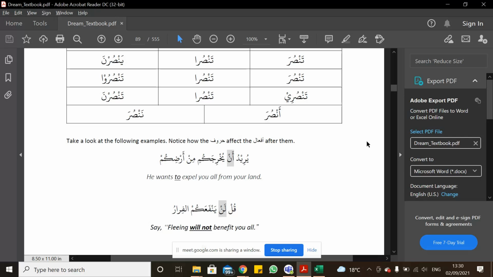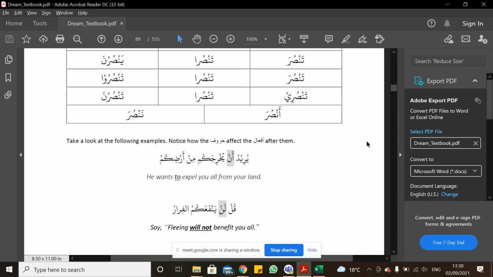Now look at the harf. What kind of a harf is it? An is a harfu nasibah, or light harf. So when we have a light harf, what are we expecting for a fail to be? If dhamma, then it becomes fatha. And noon, we should drop the noon, and ladies don't change. They remain the same. So we have a verb yukhrijakum.